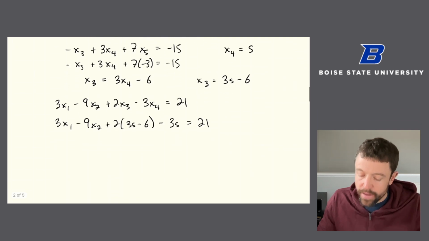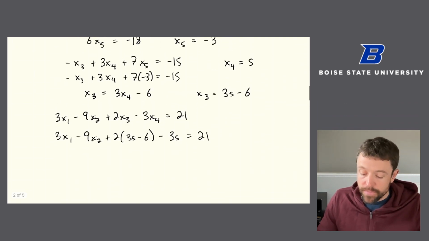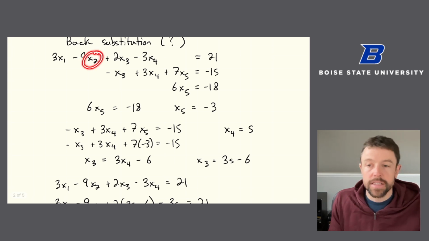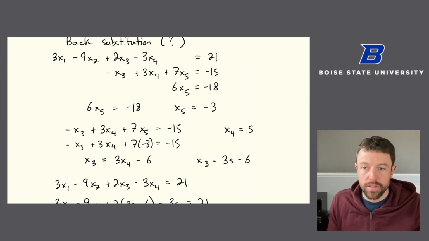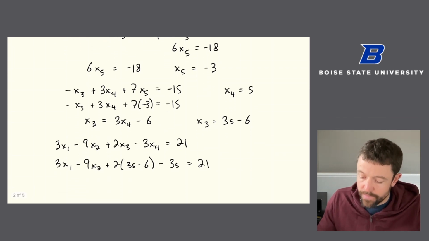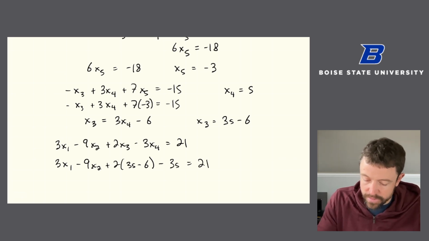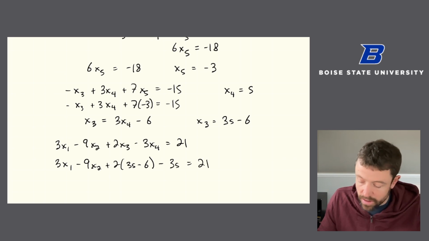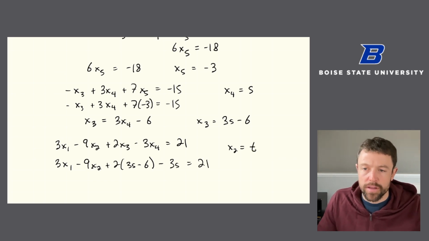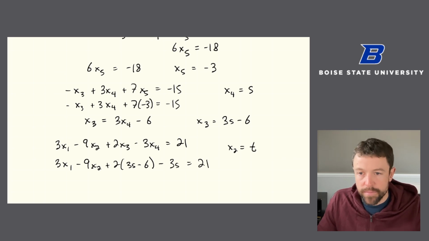And so what we actually need to do is the same thing we did before. It turns out that no matter what we choose for x2, this thing's always going to have a solution. And so we should just call that thing something. I could do this in a number of ways, but let's call x2 t. Now, if we had a lot of parameters, maybe we would start calling them s1 and s2 and so forth.